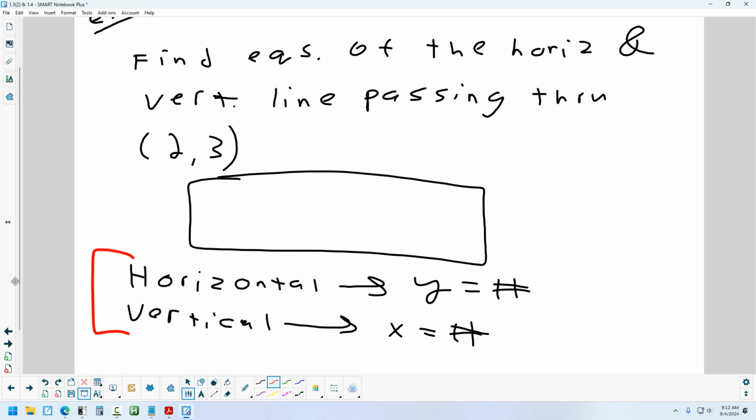So this says find the equations of the horizontal and the vertical lines passing through the point 2, 3. So if you graph the point 2, 3, what would be the equation of the horizontal line that goes through the point 2, 3?